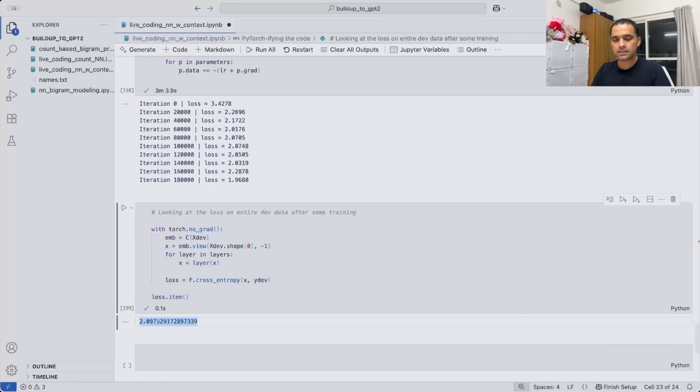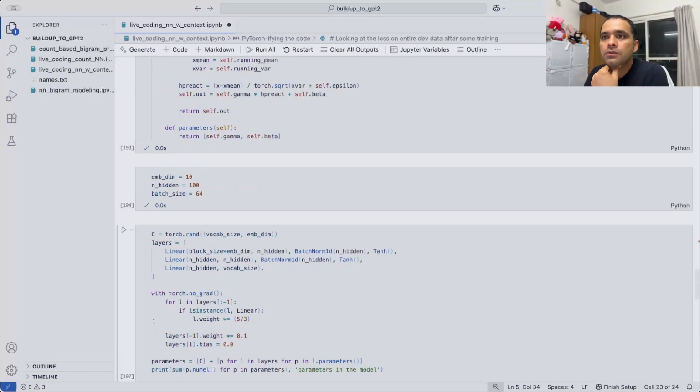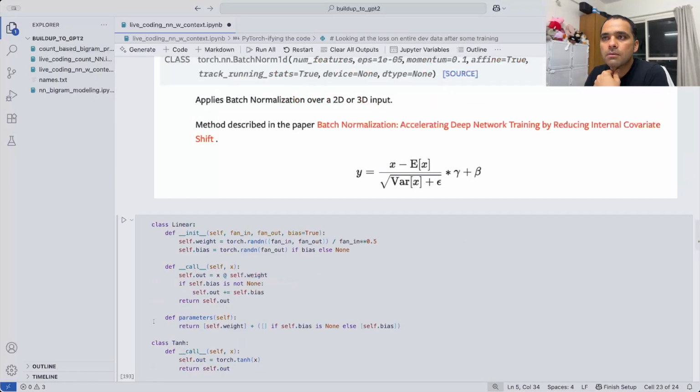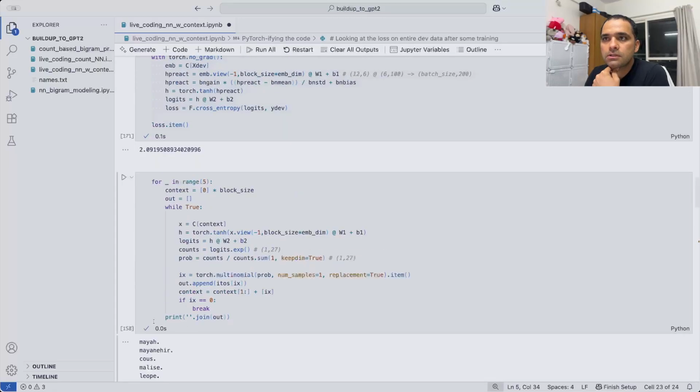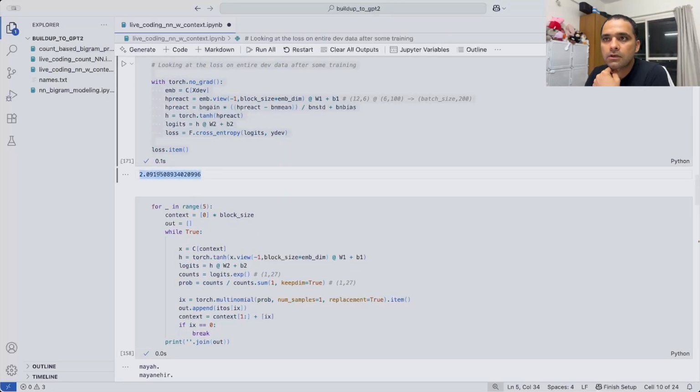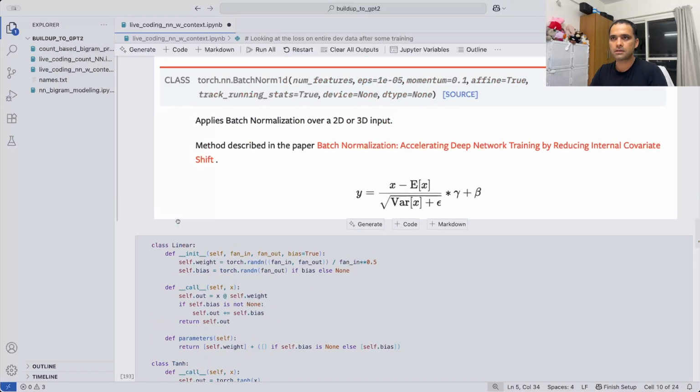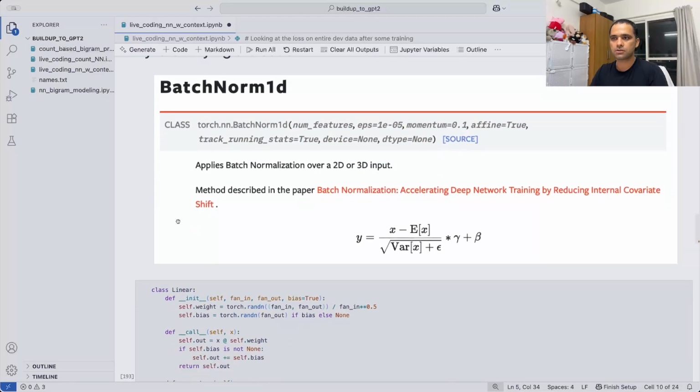We are still reaching the same loss that we had, 2.0975. So even with all the PyTorch-ifying, we were able to achieve the previous result, kind of. So nothing wrong is going on. At least everything is functioning normally as it should.